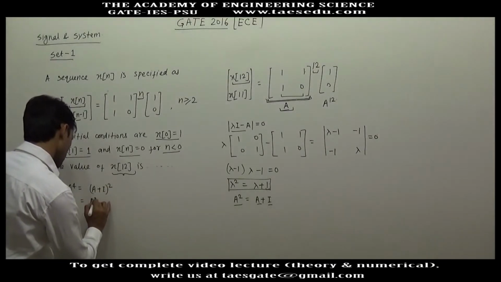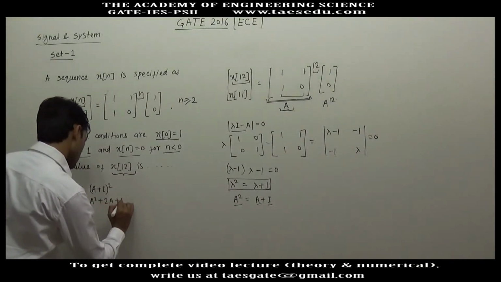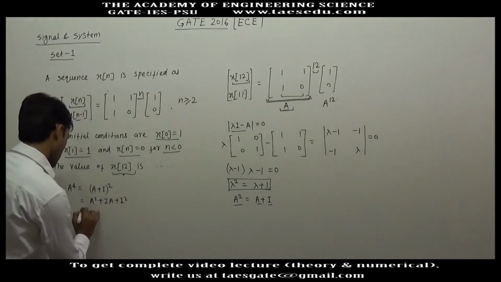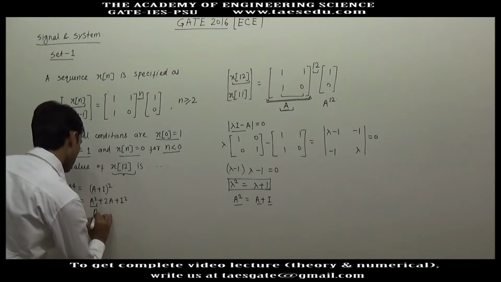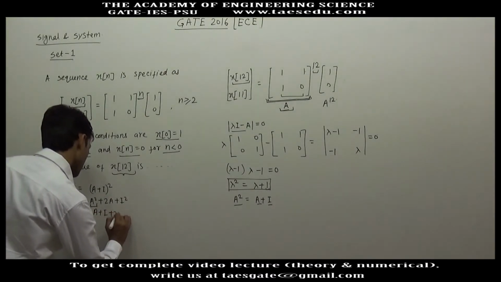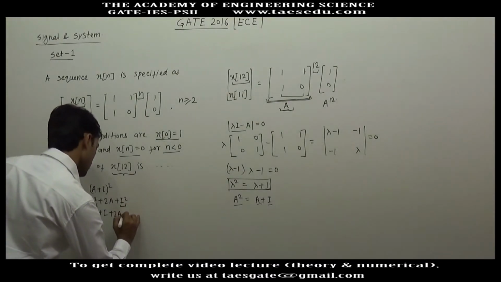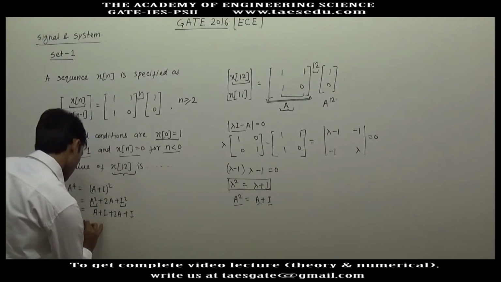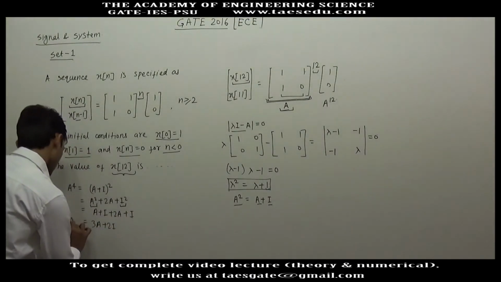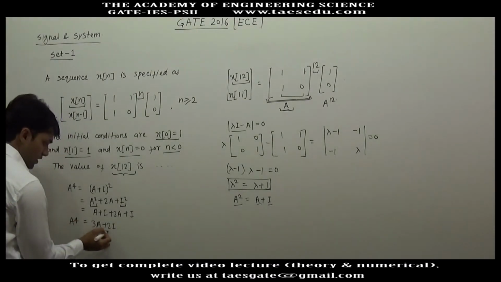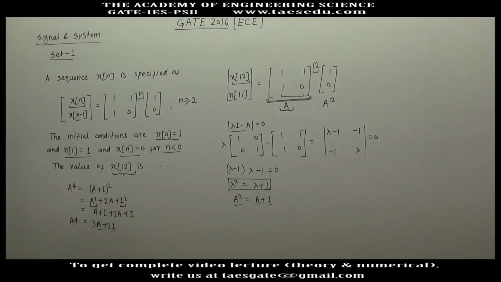This will be A square plus 2A plus I square, and the value of A square is A plus I, plus 2A, and I square is nothing but I. So here we will get 3A plus 2I, the value of A4 in terms of A and the identity matrix.